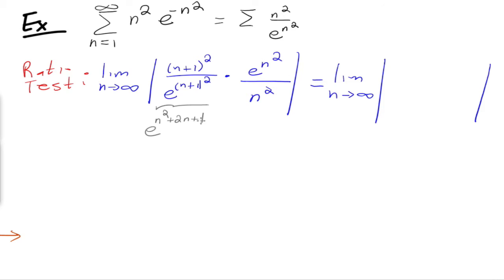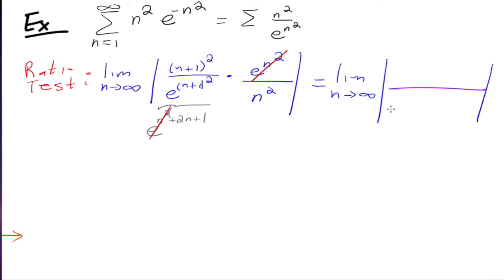So the e to the n squared is going to cancel with the e to the n squared on top. So what's left over as far as the e's are concerned? You're going to have e to the 2n plus 1. And then on top you have (n plus 1) squared and then n squared, right?